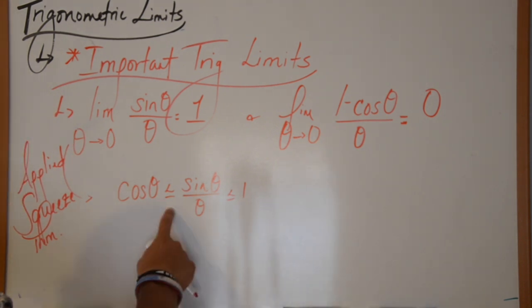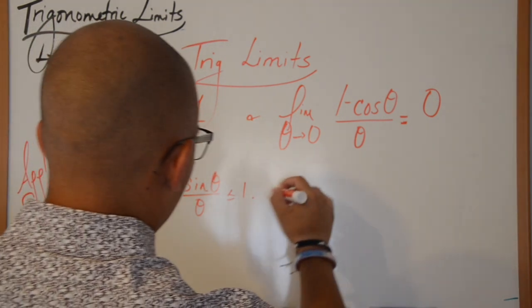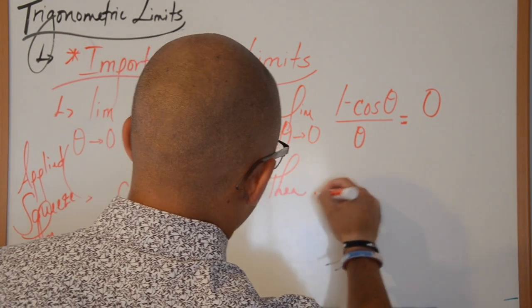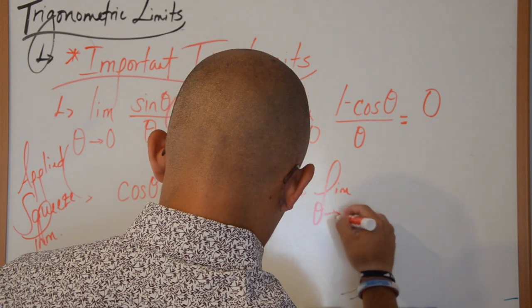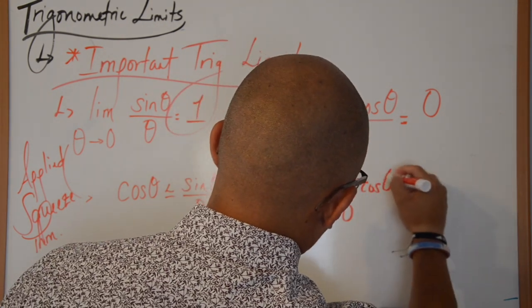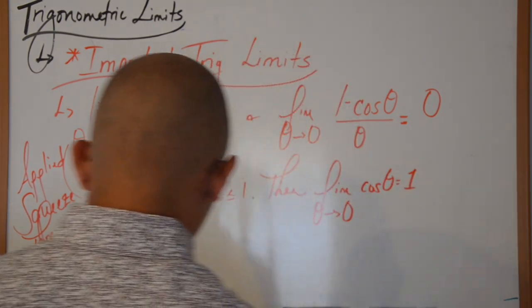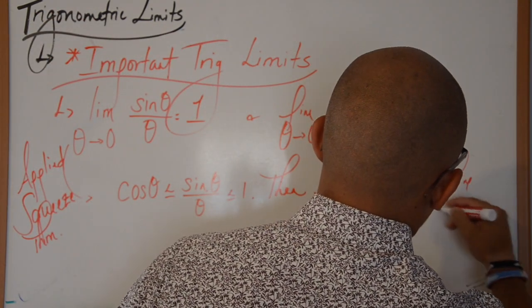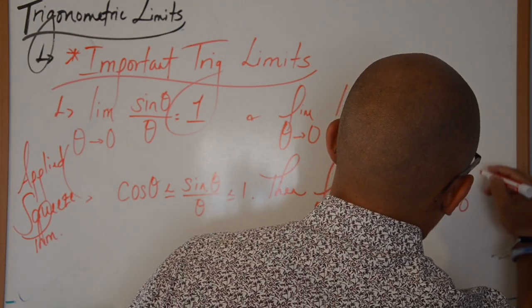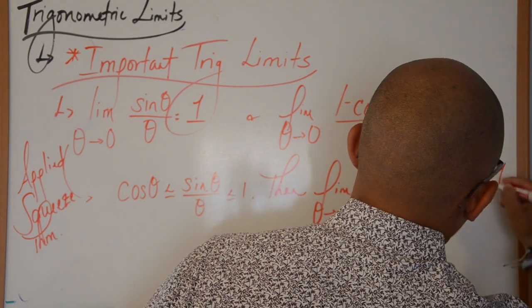So since we have this piece of this compound inequality, you can say then the limit as theta approaches 0 of cosine theta is equal to 1, and the limit as theta approaches 0 of 1 is also 1.